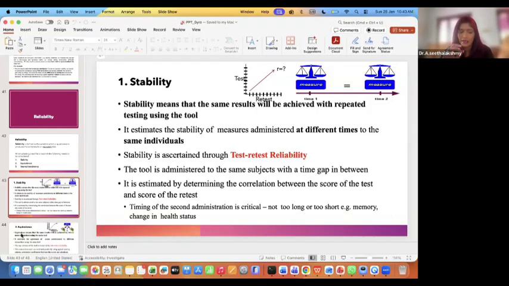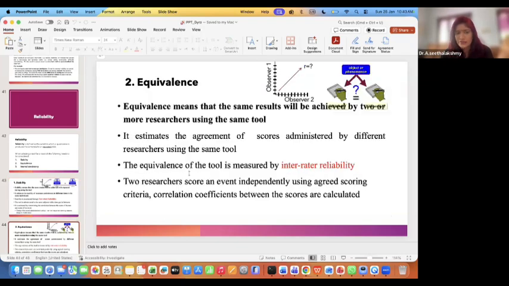Done. The next method we use is equivalence. The same results can be achieved by two or more researchers using the same tool. I am using it on a set of population. Another person is also using the same tool with a set of population.